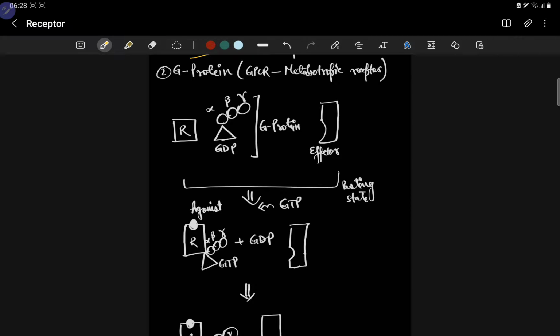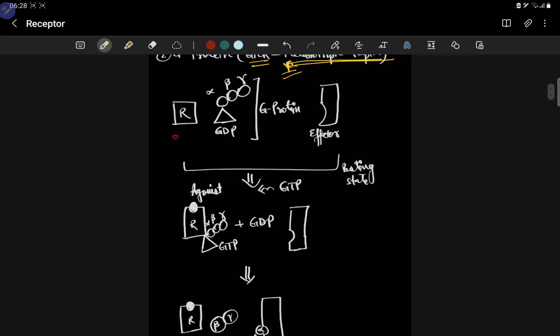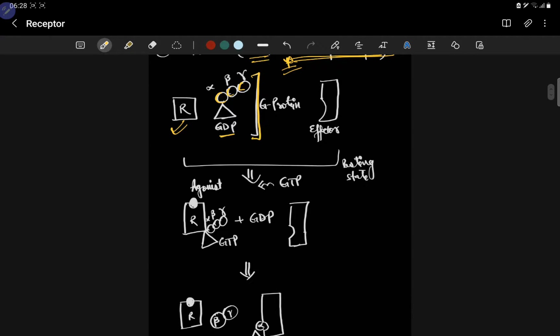Now the GPCR, the G protein-coupled receptor, is the metabotropic receptor, right? So what happens when a receptor is there? The GDP is with the alpha, beta and gamma subunits in the G protein. The receptor with the G protein acts, and this is the effector.